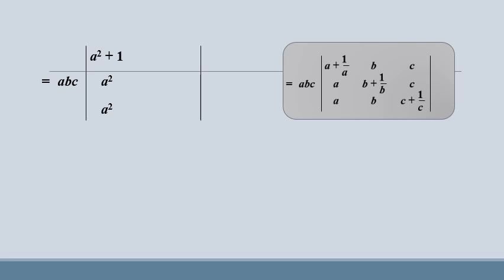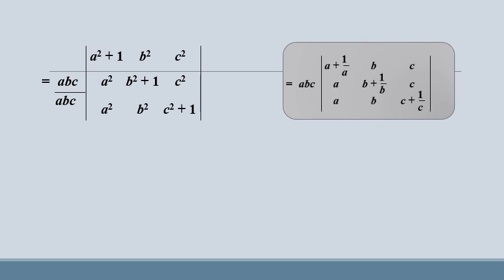So abc divided by abc. Okay, so each column we are multiplying with a, b and c. So first column we are multiplying by a, we get a square plus 1, a square and a square. Similarly second column we are multiplying by b and third column by c.